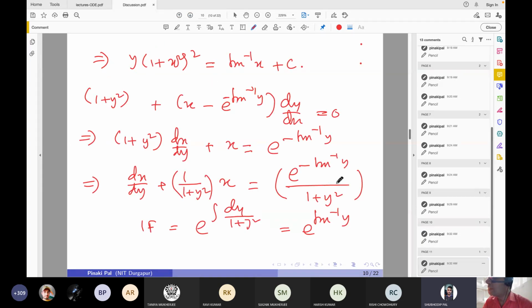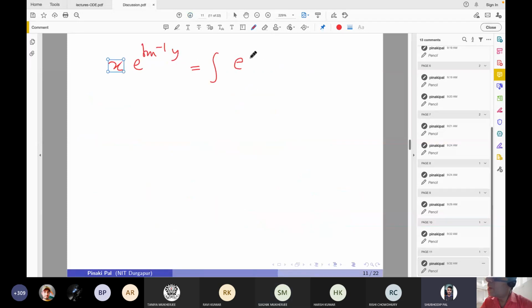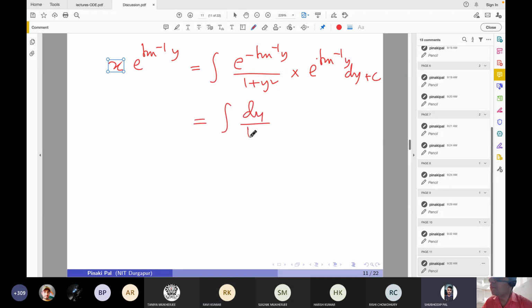That is e^(−tan⁻¹y)/(1+y²) into the integrating factor e^(tan⁻¹y) dy plus c. And this cancels, and we are left on the right-hand side with ∫dy/(1+y²) + c.